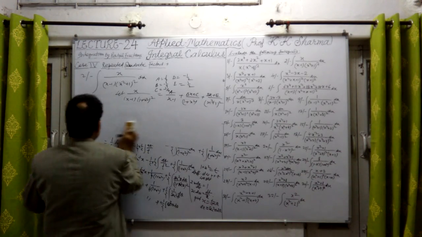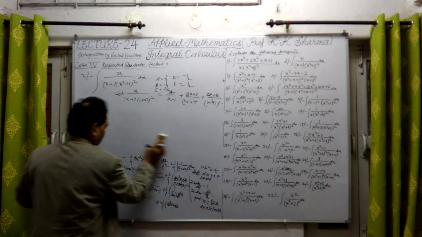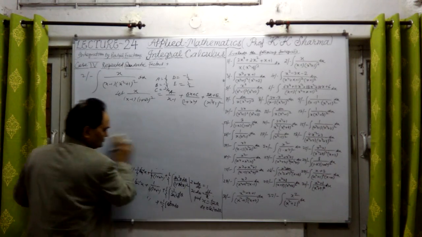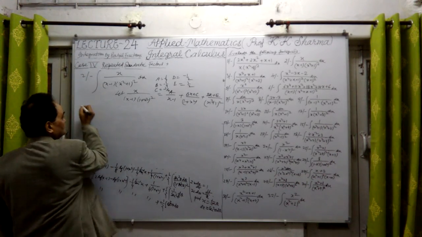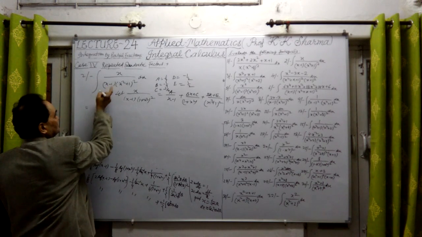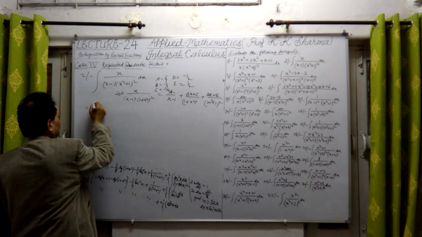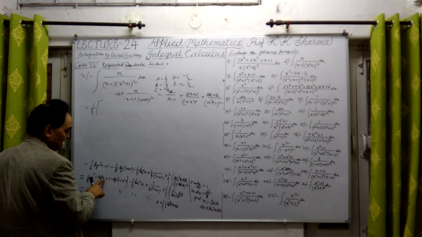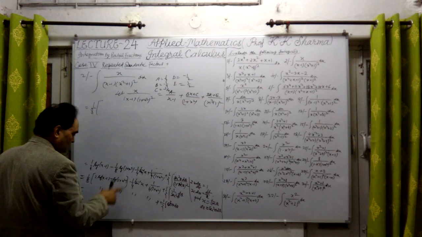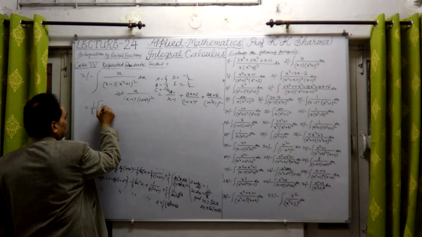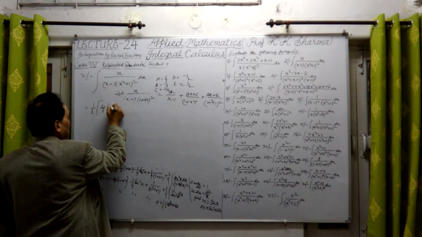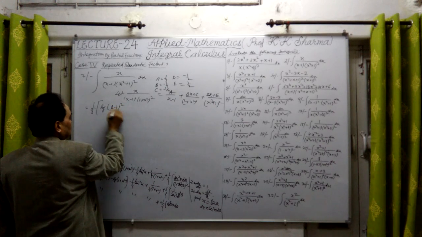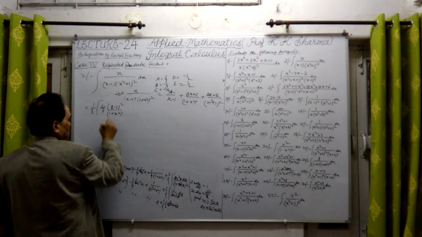So finally the answer is, let me write it here. Therefore the integration of this whole is equal to 1.8 into log of x minus 1 whole square upon 1 plus x square. Why?